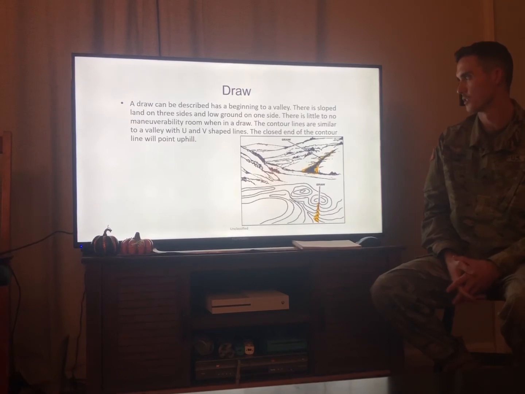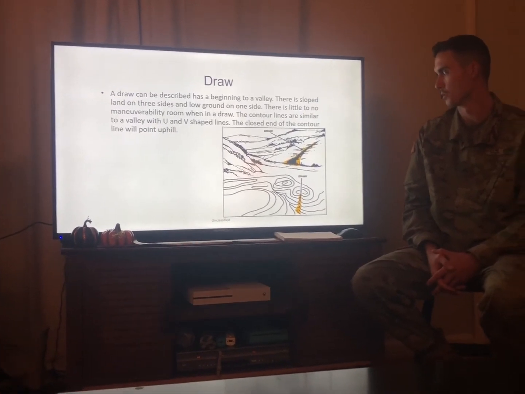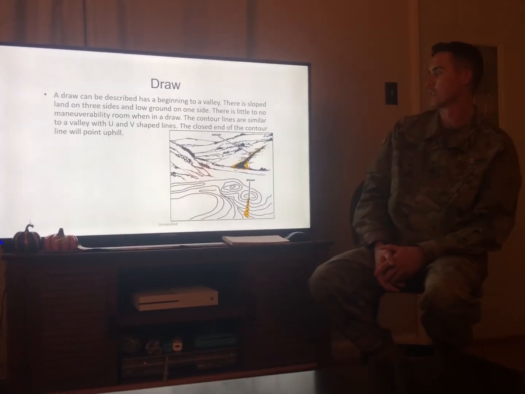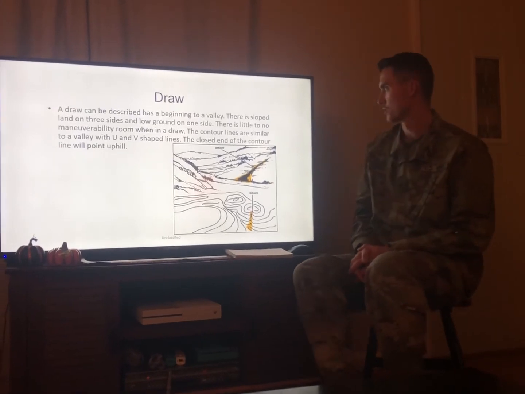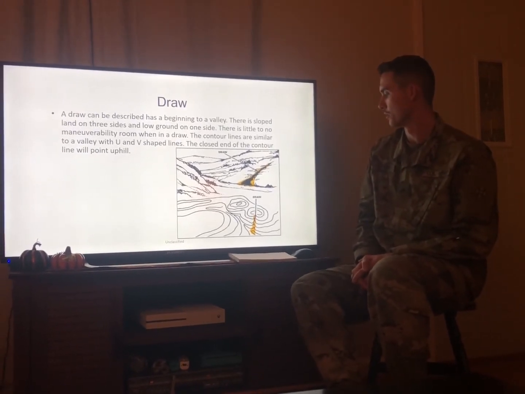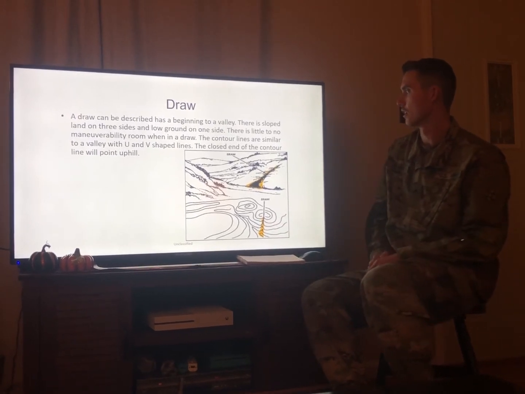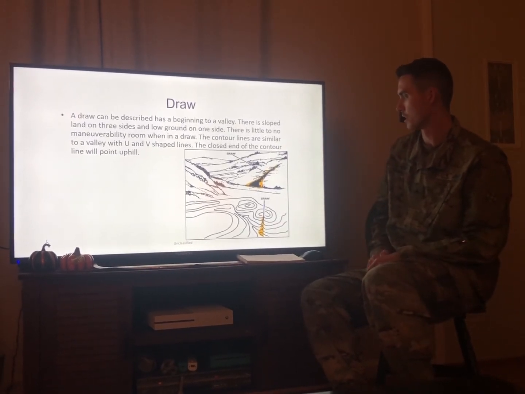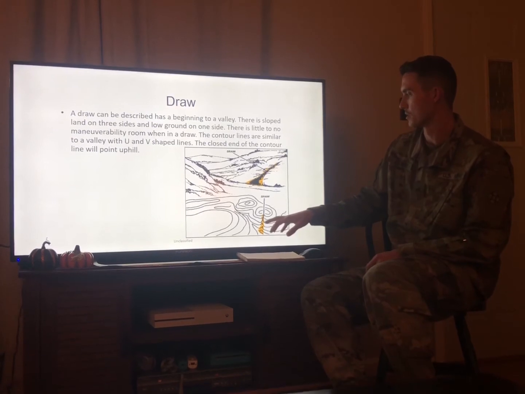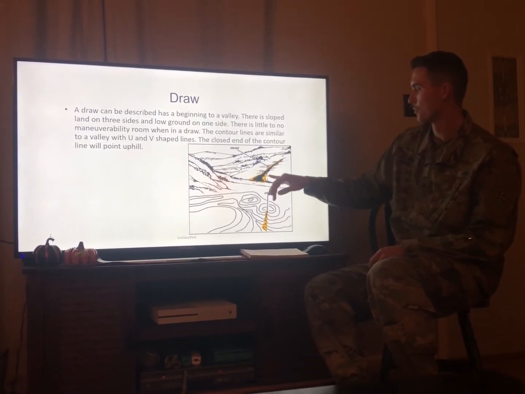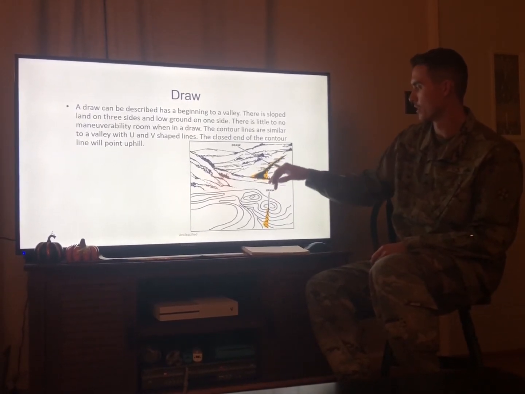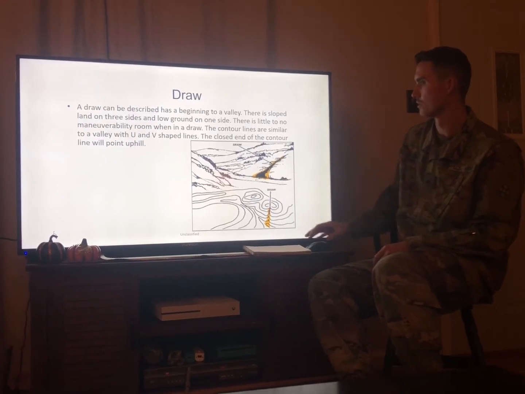When in a draw, there's little to no room to maneuver. The contour lines are similar to a valley. They're U or V shaped right here, and the closed end of the contour lines point uphill, the same as a valley would. And in this hill right here, this is the draw.